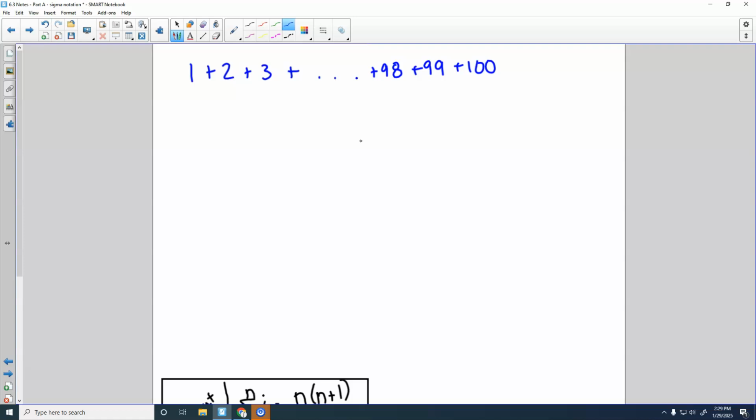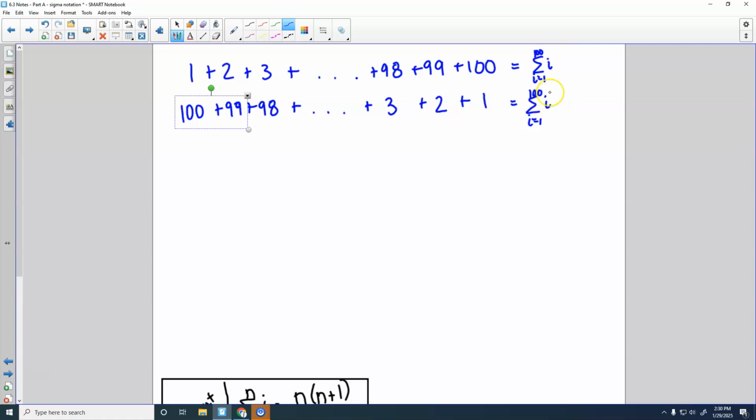All right, so this would be the sum from 1 to 100 of i. Would 100 plus 99 plus 98 plus dot, dot, dot plus 3 plus 2 plus 1 also equal the sum from 1 to 100 of i?